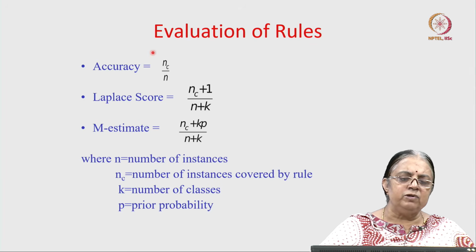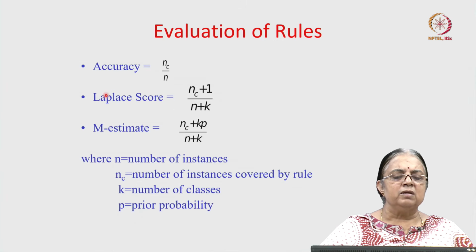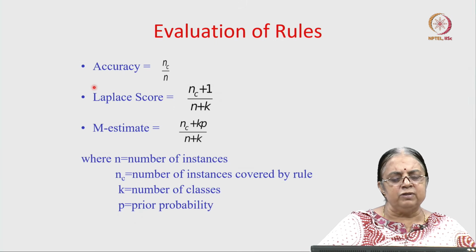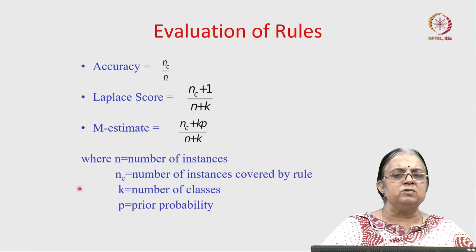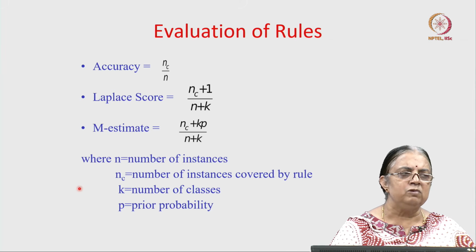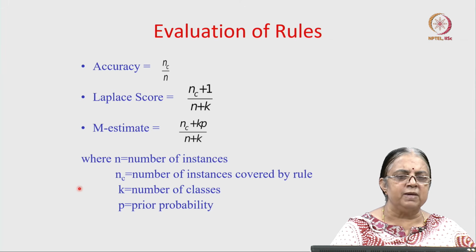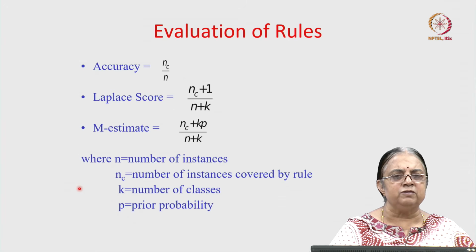So, how do you evaluate the rules that you are using? First of all, what is the accuracy of the rules? In other words, the number of instances covered by the rule. Suppose you have a particular rule, it will not cover all the instances, it may cover some of the instances, it may cover just one of the instances, etc. So, out of n total patterns, how many patterns does it cover? That gives you an idea of the accuracy of the rule.